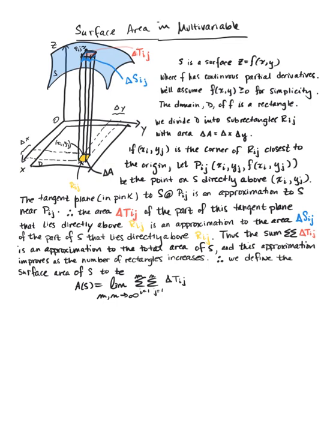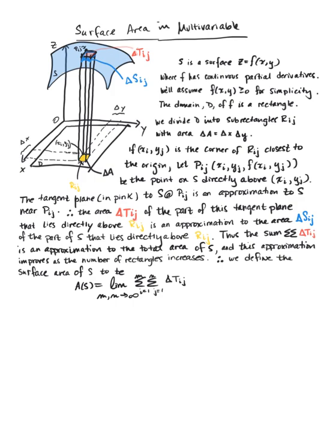So therefore the area delta T sub ij of the part of this tangent plane that lies directly above R sub ij is an approximation to the area delta S sub ij of the part of the surface that lies directly above R sub ij.